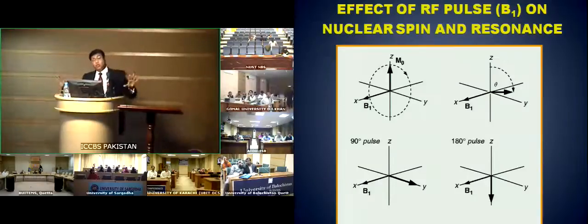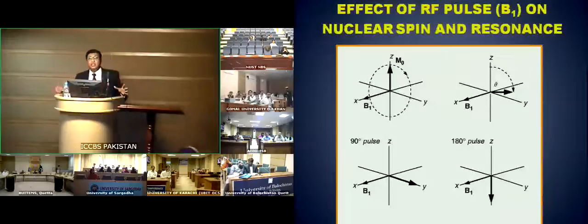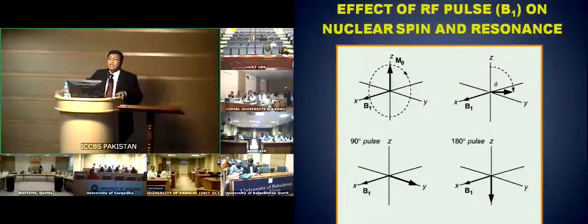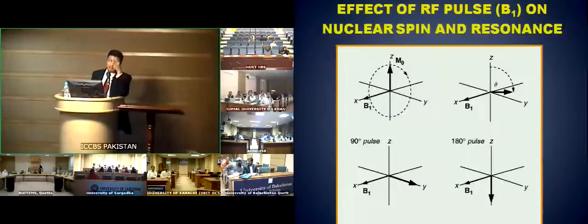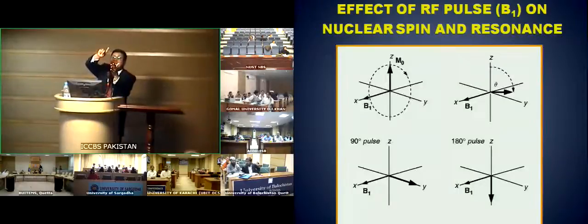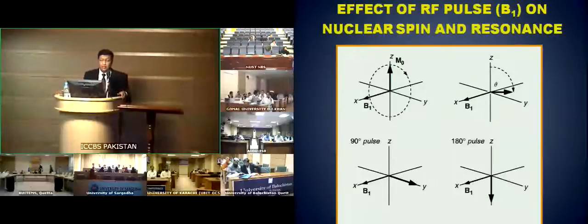In order to distinguish between the angular and precession frequencies, this particular movement is called nutation, N-U-T-A-T-I-O-N. Because of this radio frequency provided to the system, your nuclei, the so-called M naught, start moving around the direction of the applied field.